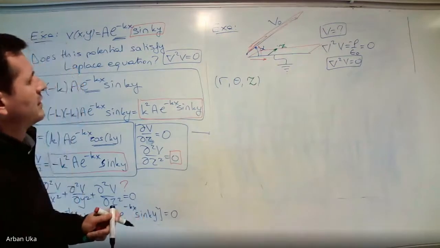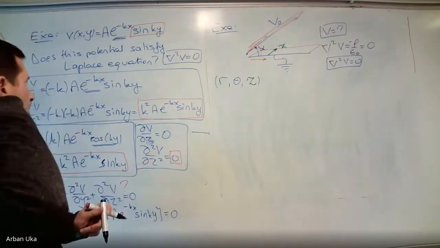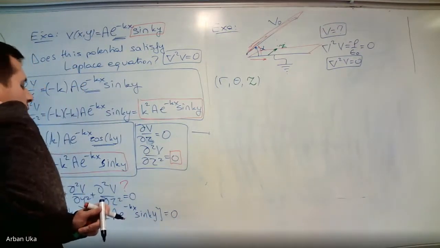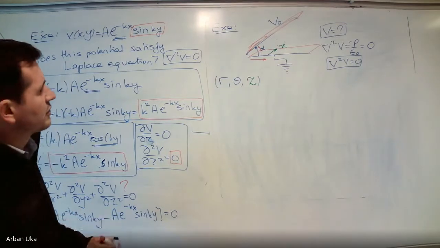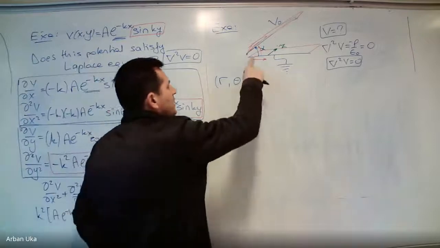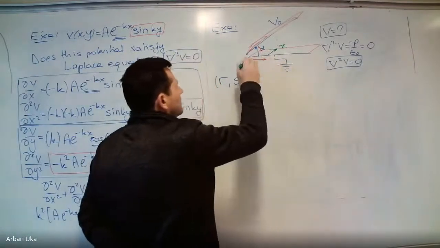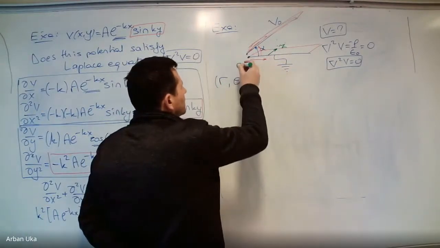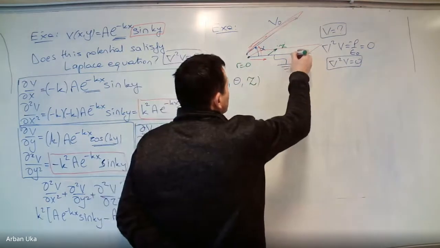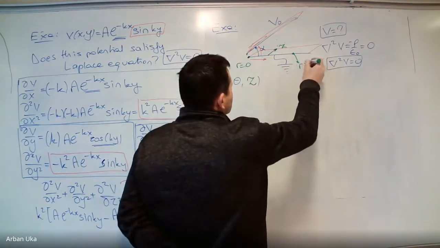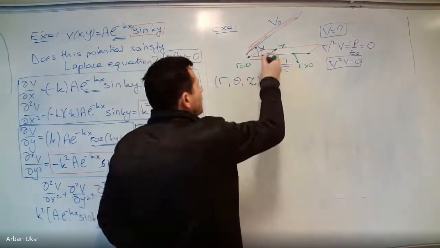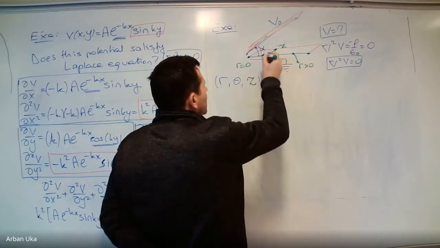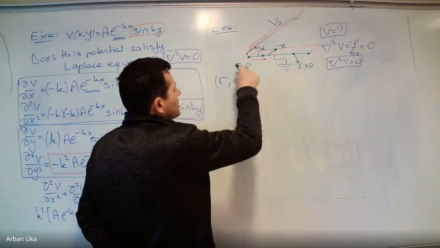Theta is the angle that we use. Now, what we have to look for is the symmetry of the problem, and it looks like along this plate, here r is equal to 0. Here r is larger than 0, it has some value, and also here. And the possible question is this: how does the potential change from this point, where it is 0, to this point?